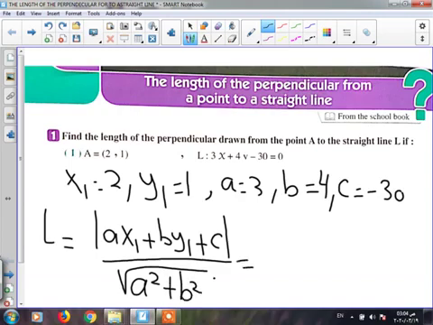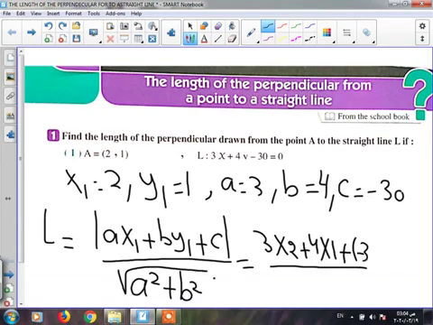It's going to be 3 times 2 plus 4 times 1 plus -30, absolute value, over the square root of 3 power 2 plus 4 power 2.